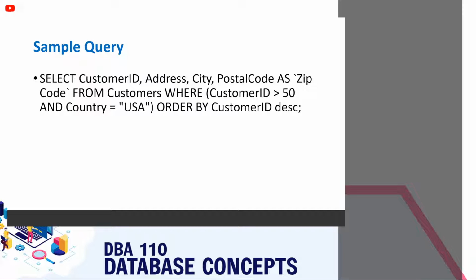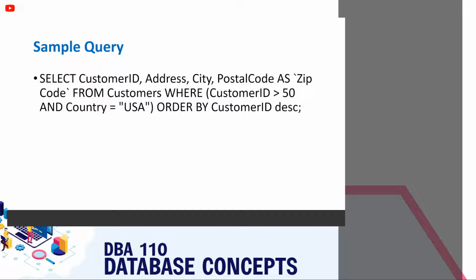Right here we see we can select customer ID. In this case, we're selecting 4 things: customer ID, address, city, and postal code. And we're pulling that postal code back with an alias of zip code. So when we get that postal code back, instead of saying postal code, more colloquially in the United States, we call it a zip code.